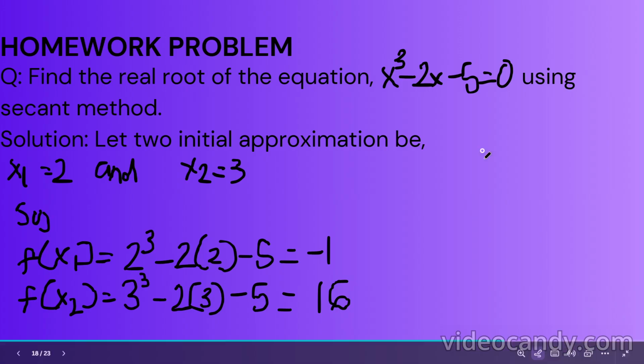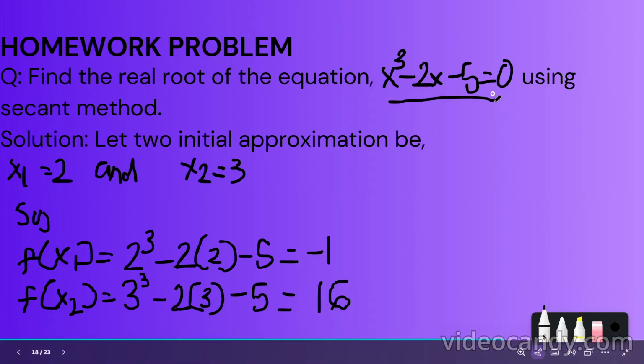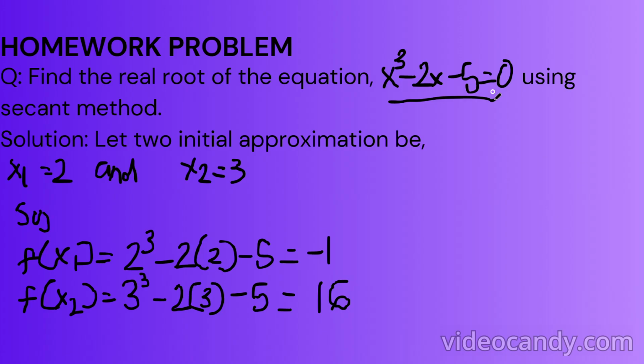Yeah, so you need to follow the secant method formula. For the different iterations, these two equations are different between the question and the homework problem. So anyway, please take note.